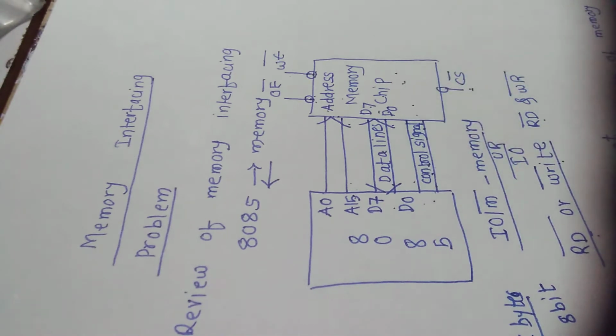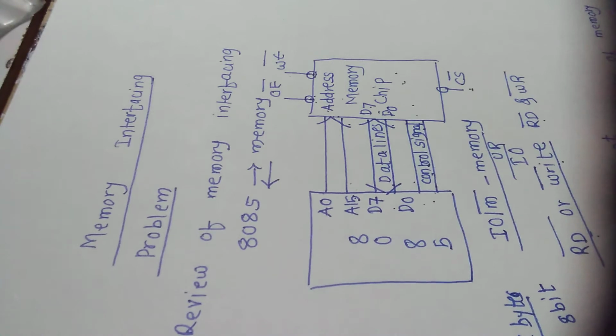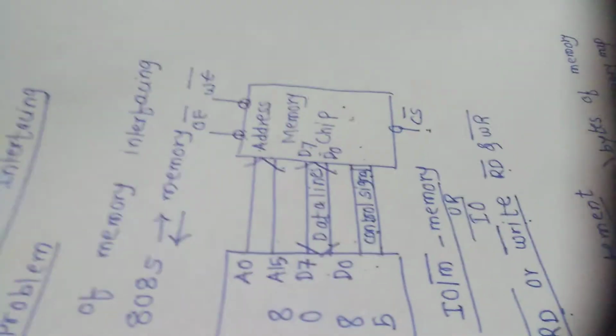Now, to interface the memory chip given in a problem statement, I need various steps to follow. Which are those steps and how to solve a problem statement is the next topic.